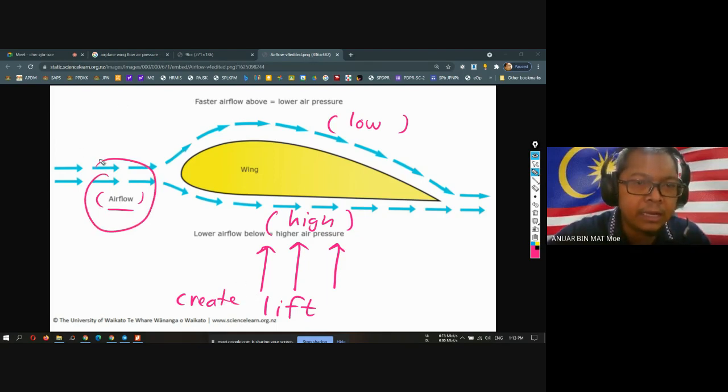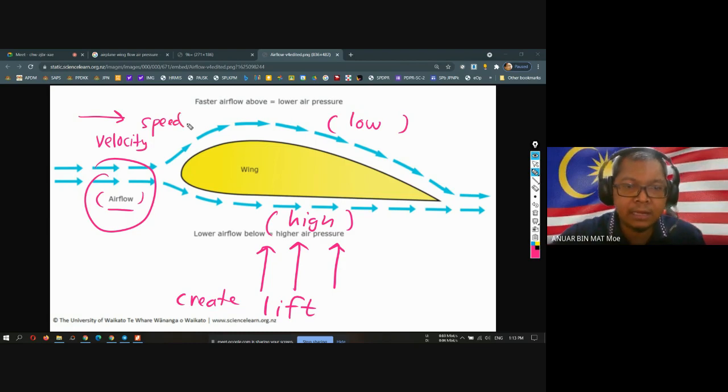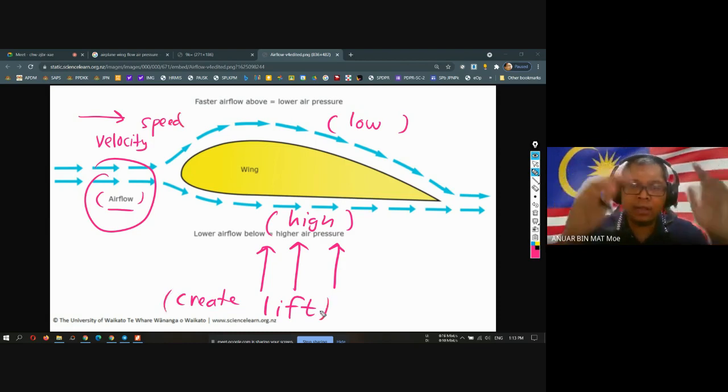That's why an aeroplane needs a certain speed so that it can create lift. Then the aeroplane can fly, because of the difference in air pressure.